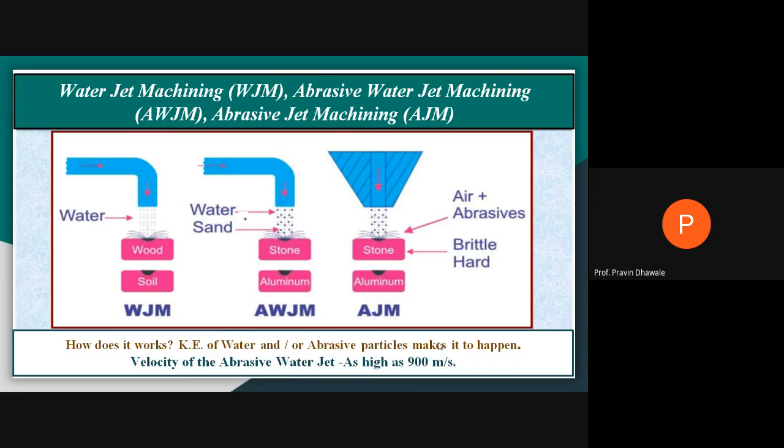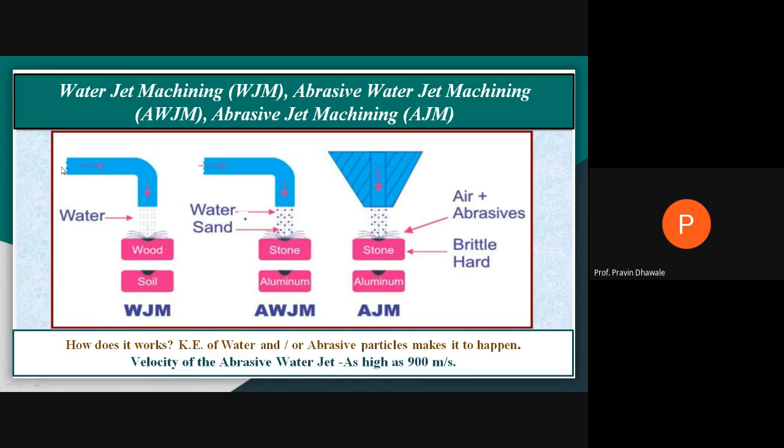These are some sample pictures that show how machining happens under the different types of non-conventional machining processes. This is the water jet machining process. Here, this will be the soil, and this will be the wood. And this is the pipe, which has a nozzle at the tip.